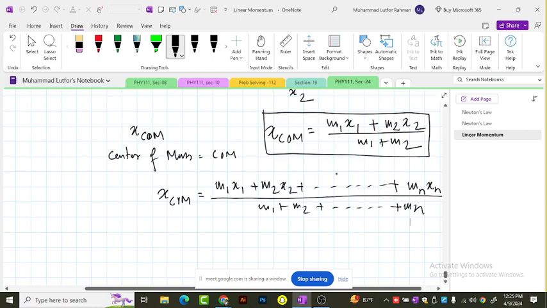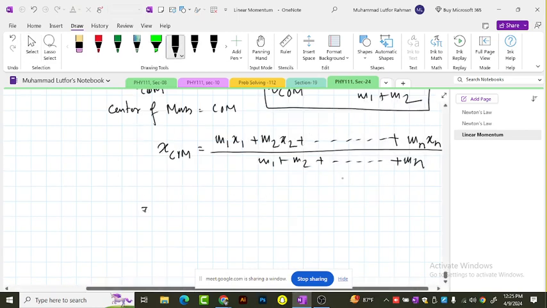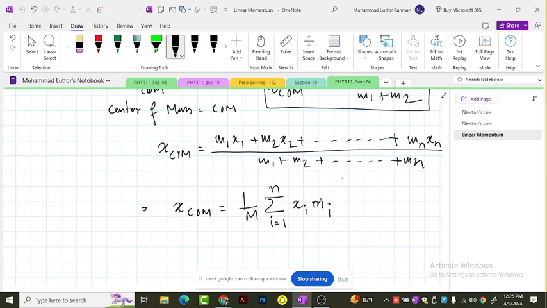This is the general formula, remember. Then we can write it in summation notation: 1 over M times the summation from i equals 1 to n of mi xi. That's how we define the summation notation.